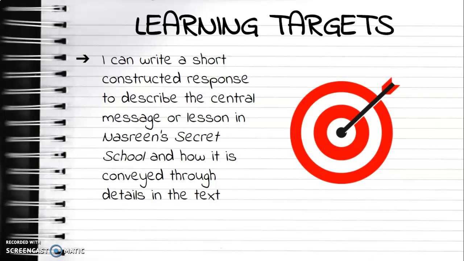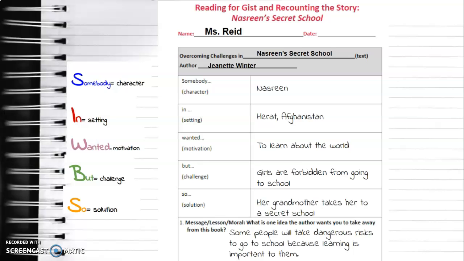Our learning target for today is I can write a short constructed response to describe the central message or lesson in Nazarene Secret School and how it is conveyed through details in the text. So before we start doing that, I want to make sure that you have everything that you need to be successful for today with your constructed response.